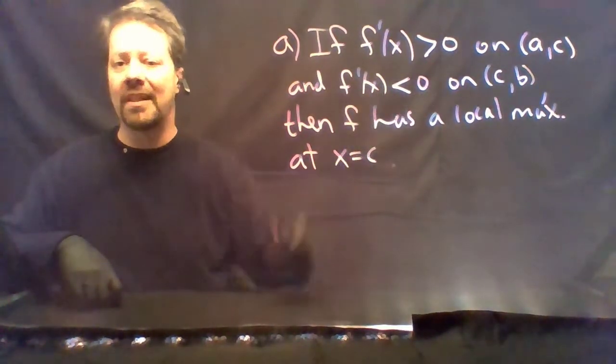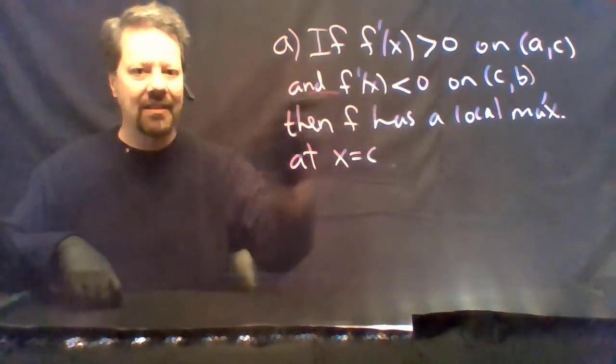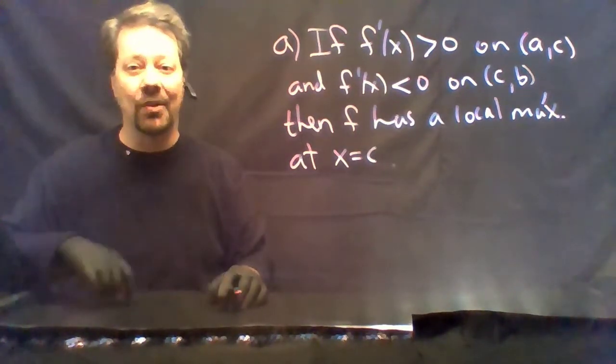Derivative positive, according to the last theorem, means increasing. Derivative negative means decreasing. So you're increasing before you get there, and then decreasing after. It's a local max.